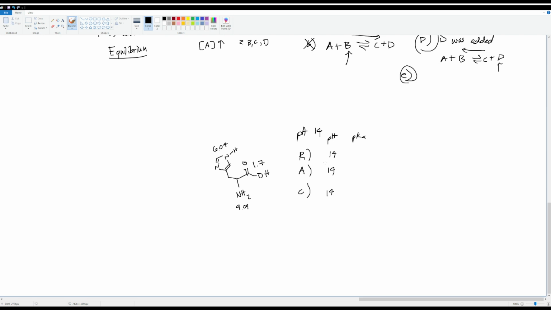Our pKa is 6.04. Which is greater, pH or pKa? pH is greater. So if pH is greater than pKa, are we protonated or deprotonated? We're deprotonated.